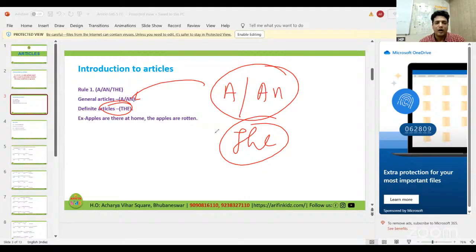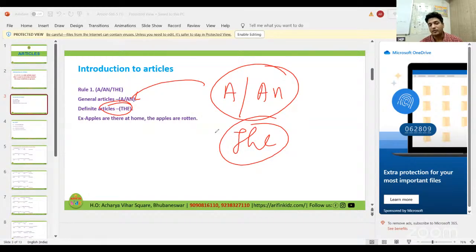Now, how to differentiate between a general article and a definite article, which is the most important question when it comes to grammar, right? Now we know we have three articles, which are a, an, and the.